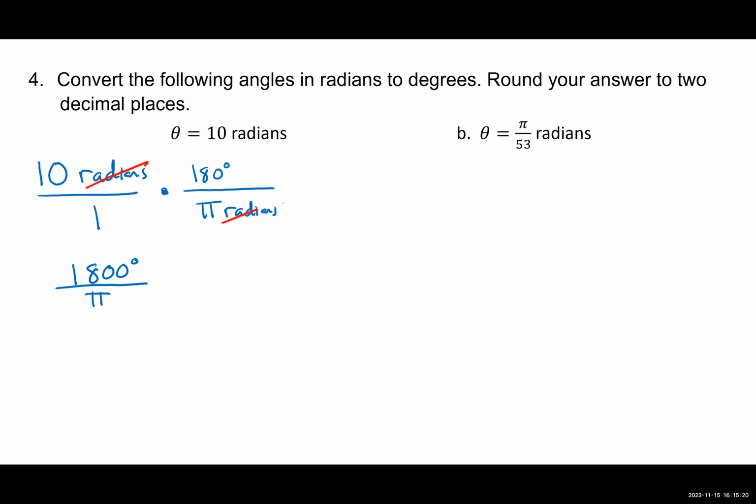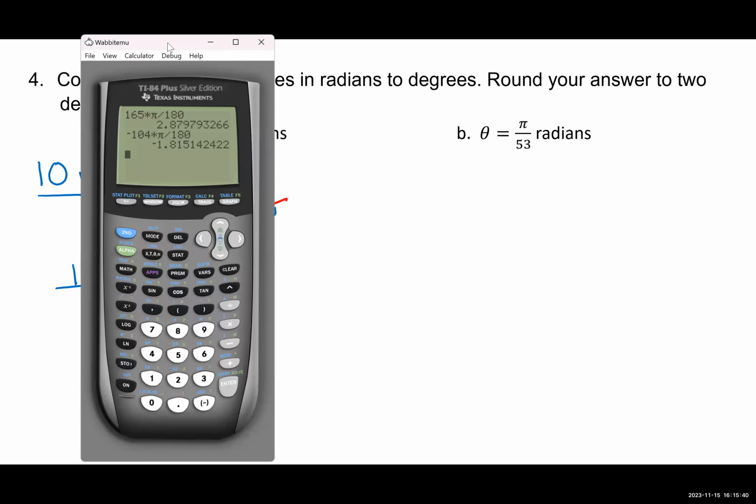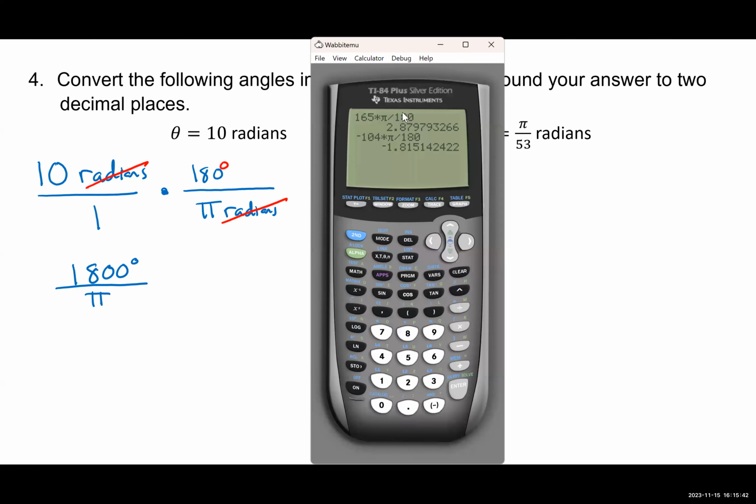Radians on top, radians on bottom, they cancel. We're left with degrees. So what is 1,800 divided by pi? Again, I have no idea. 1,800 divided by pi.